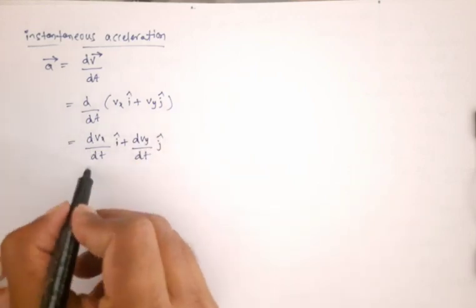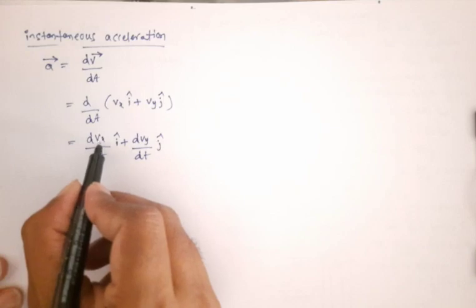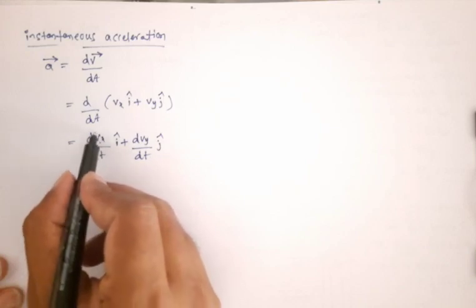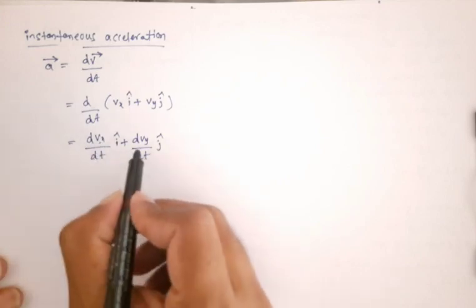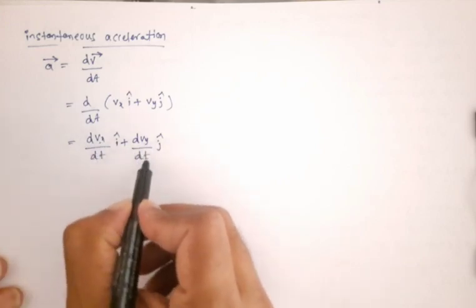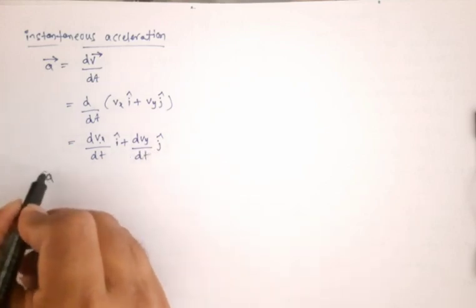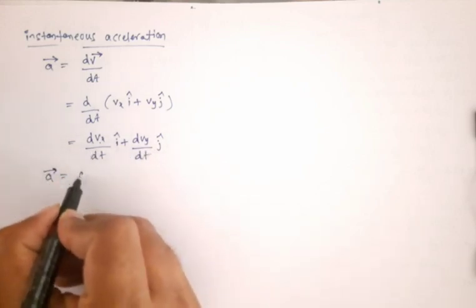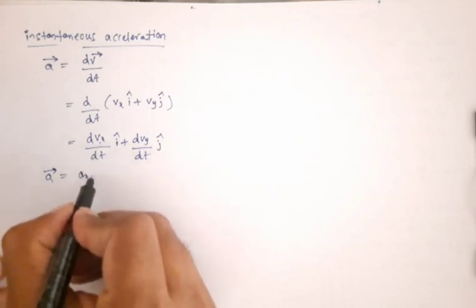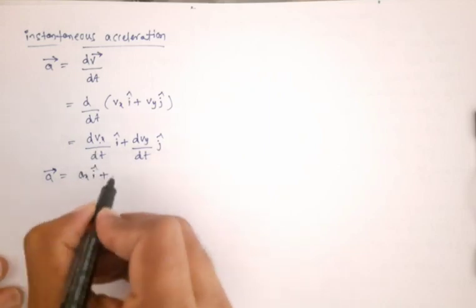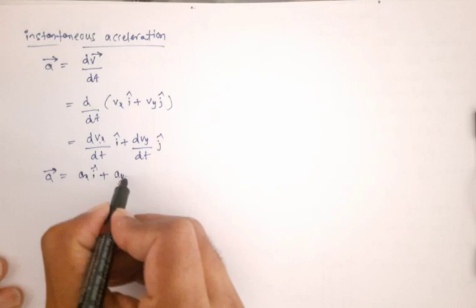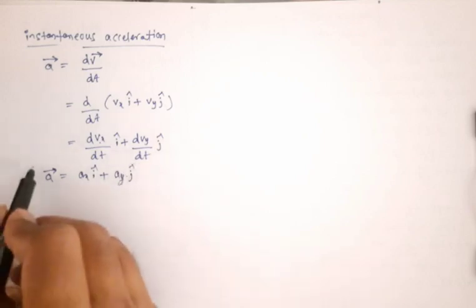What is this, guys? Instantaneous velocity in x direction. We are differentiating instantaneous velocity in x direction, so we will get instantaneous acceleration in x direction. If we differentiate instantaneous velocity in y direction with respect to time, we will get instantaneous acceleration in y direction. So a bar is equal to ax, instantaneous acceleration in x direction into i cap, plus ay, instantaneous acceleration in y direction into j cap.